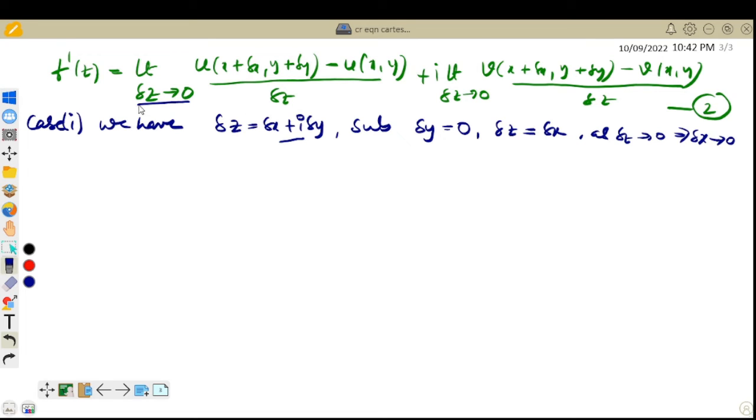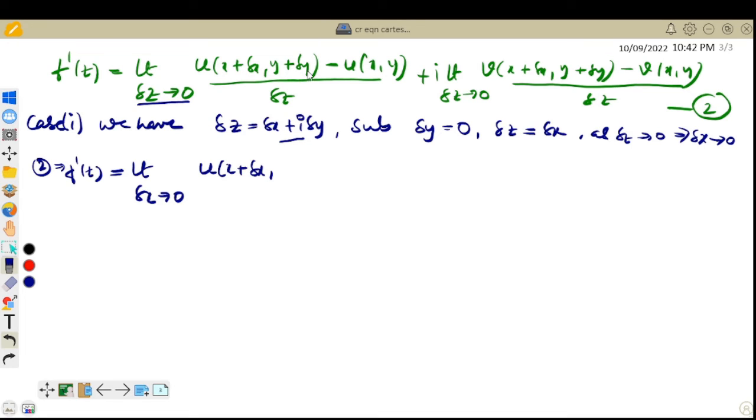Okay, fine. So now equation number 2 becomes f dash of z is equal to limit delta z, which becomes delta x tends to 0, u of x plus delta x, as it is.